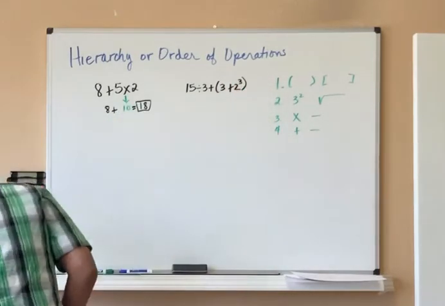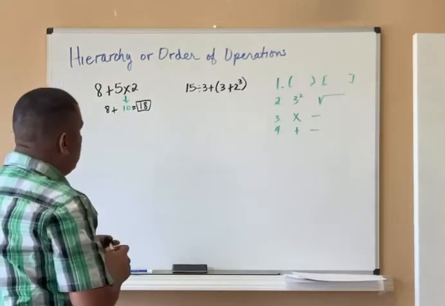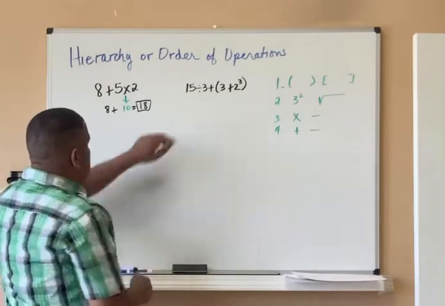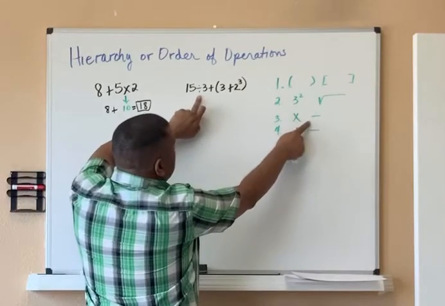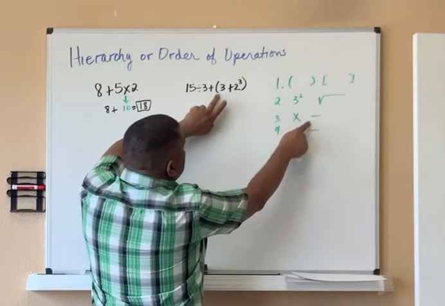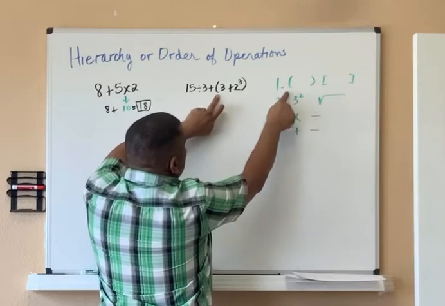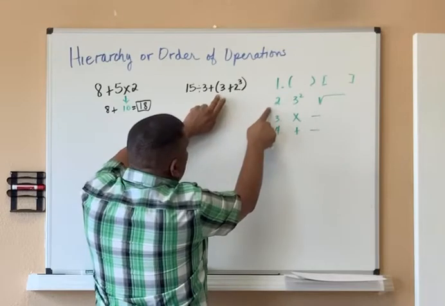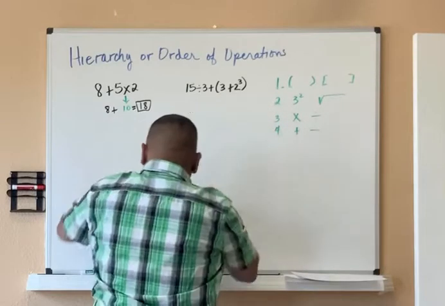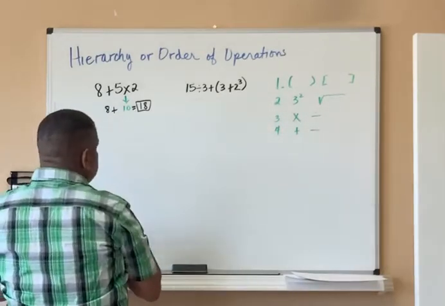How do we start working this problem out? Well, what do I do first? Do I do the division, rule number 3, or do I do the parentheses, rule number 1? So I have to work the parentheses, but inside the parentheses I have a power and a plus. Okay, so let's go ahead and work that out.